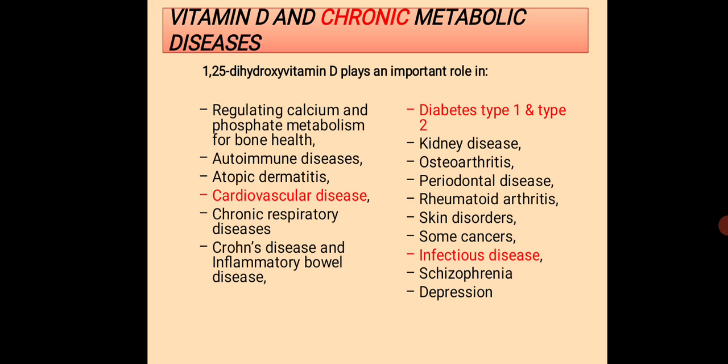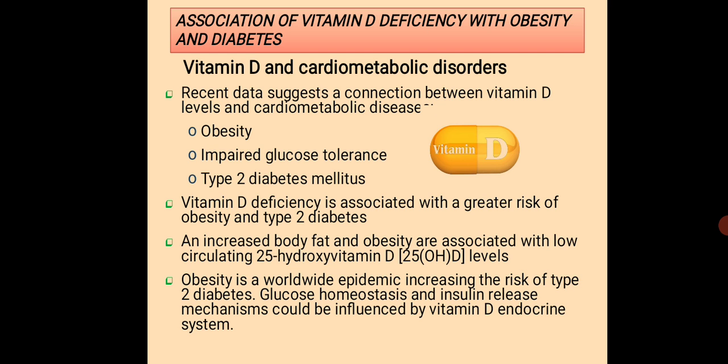Atopic dermatitis, cardiovascular diseases, chronic respiratory diseases, Crohn's disease and inflammatory bowel diseases, diabetes type 1 and type 2, kidney diseases, osteoarthritis, periodontal diseases, rheumatoid arthritis, skin disorders, some cancers, infectious diseases, schizophrenia, and depression. These are some diseases in which vitamin D is essential and can be used.